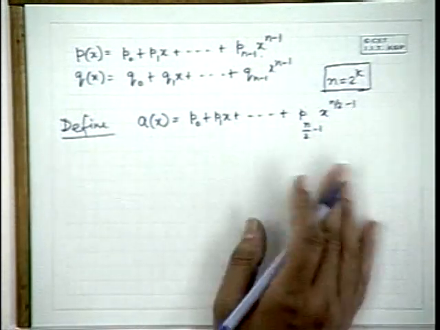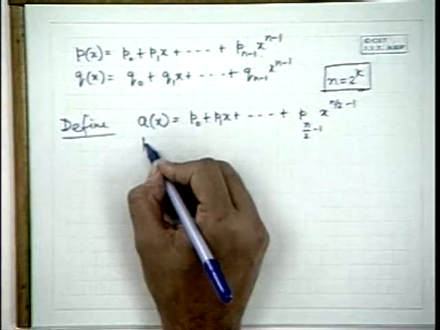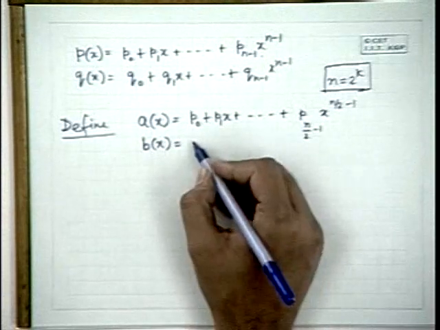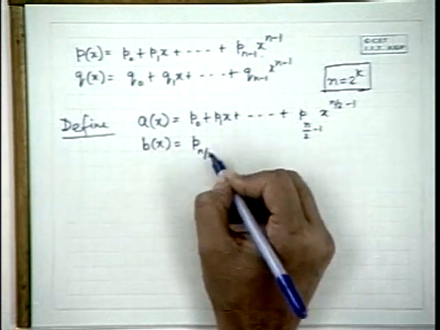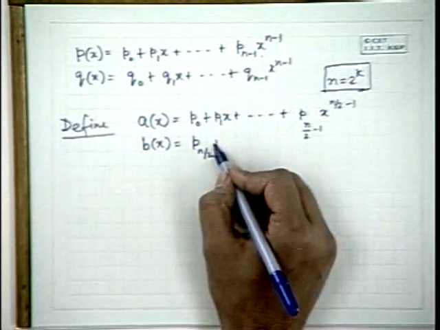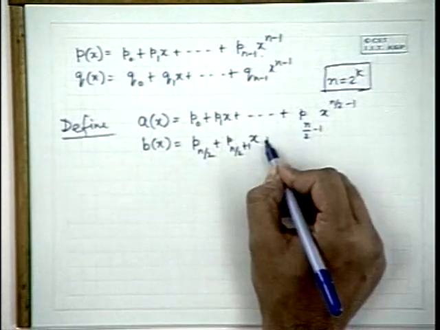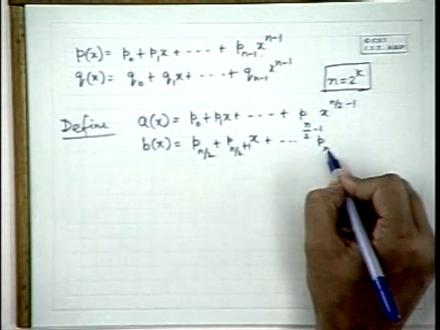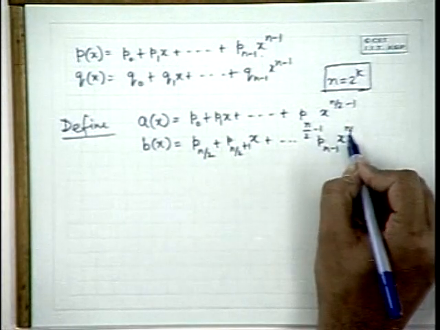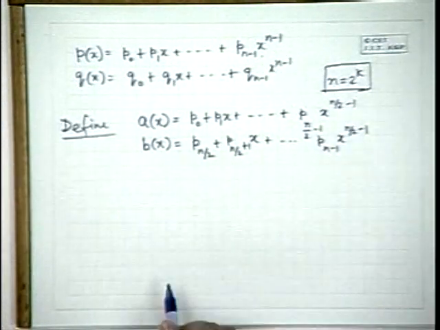We have almost taken half of the portion here. Then I am taking the next portion, bx, which is p n over 2, the next coefficient after this, plus p n over 2 plus 1 x, and it goes up to p n minus 1 x to the power n over 2 minus 1.